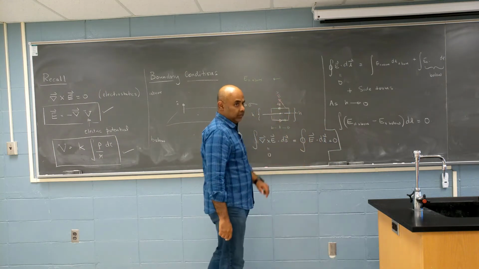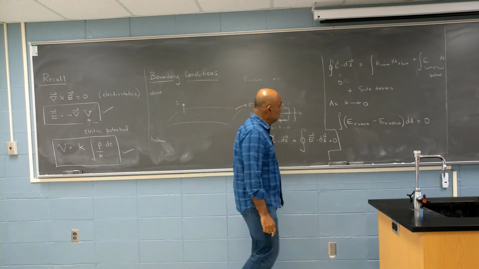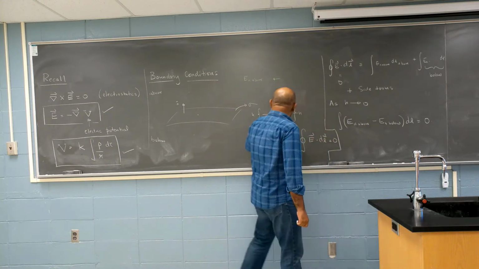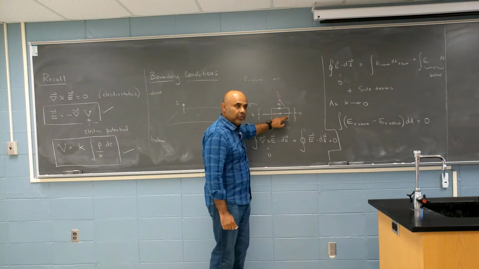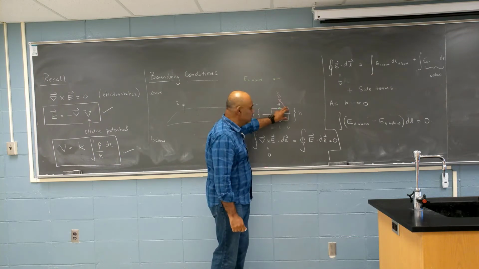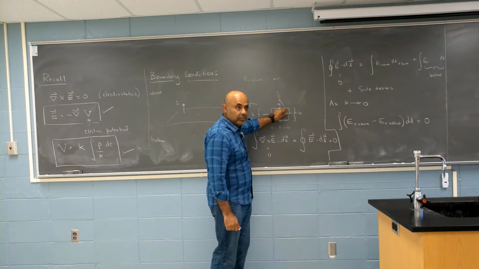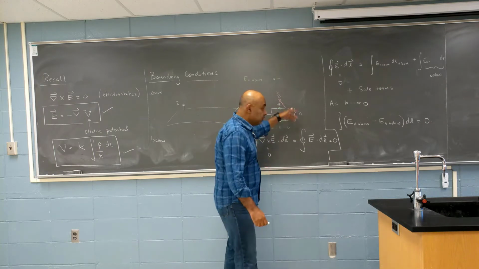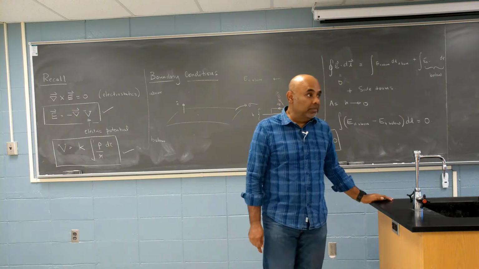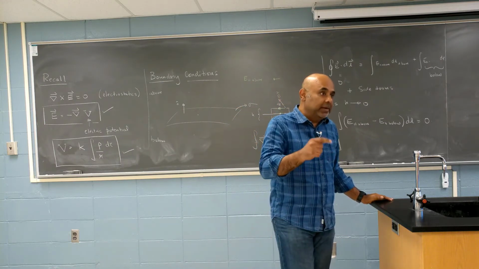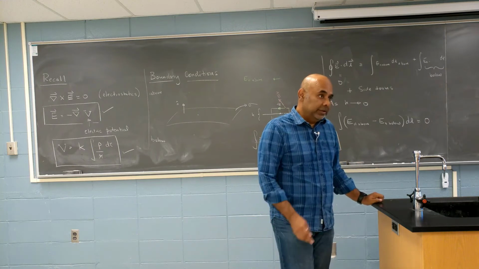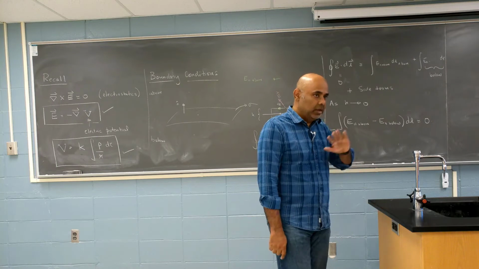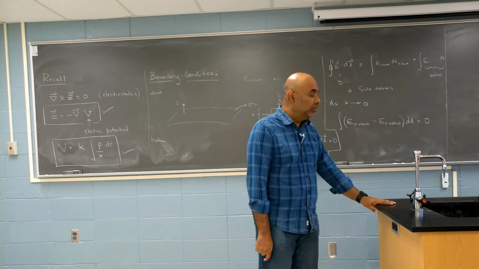It should be intuitively clear to you, but let me go ahead and explain it anyway. Why did the side term go to 0? As long as the electric field is bounded over here, if you're integrating over 0 length, it's going to be 0. Let's make it a big number. Electric field equals 1,000 newtons per coulomb. So you do 1,000 times the length. Let's say it's constant. Well, let the length go to 0. 1,000 times 0 is 0. I don't care about the side terms.